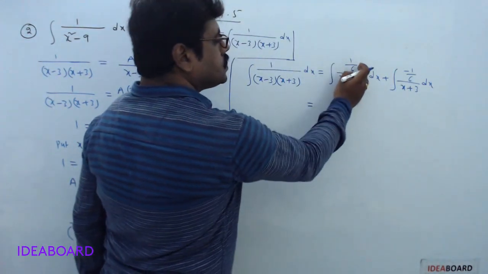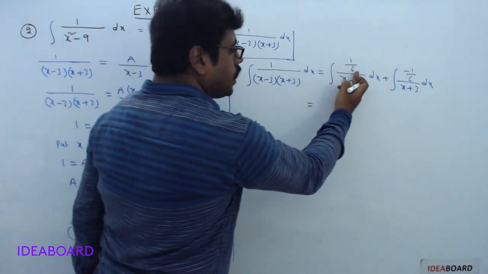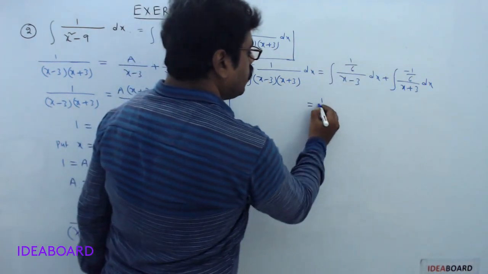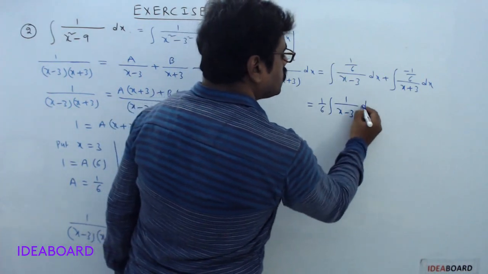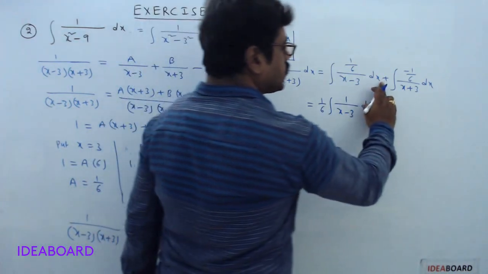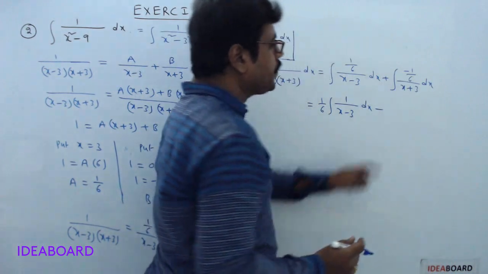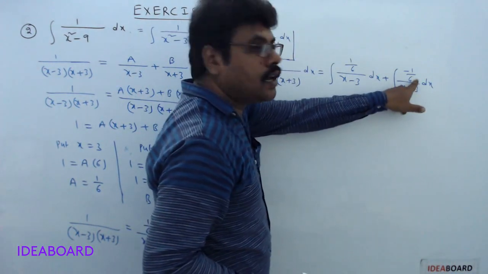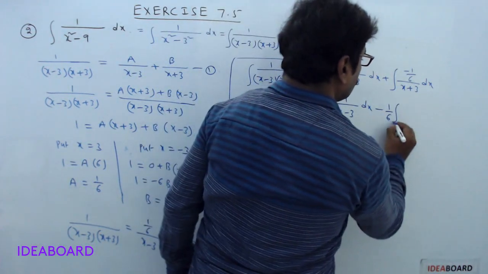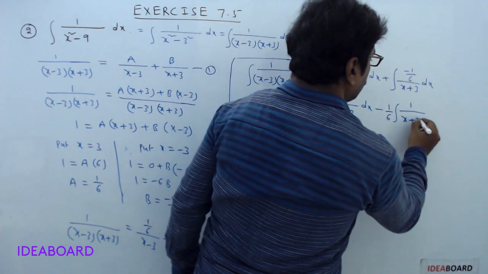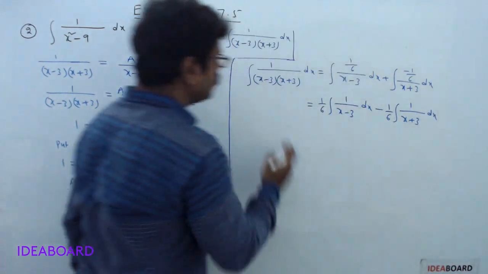Now here 1 by 6 is the constant term. You can write it outside of the integral. 1 by 6 into integral 1 by x minus 3 dx. Now plus into minus, minus. 1 by 6 is the constant term. You can write it outside of the integral. 1 by 6 into integral 1 by x plus 3 dx.